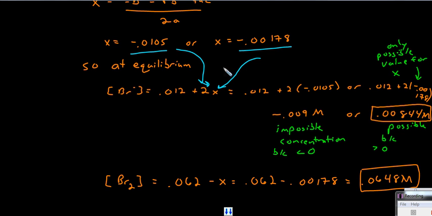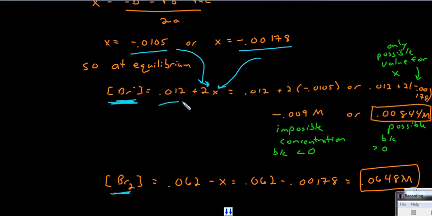One of the concentrations of your reactants or products will become negative if you have two possible values for x. One of those x values will give a negative concentration, and one will give a positive concentration. And whichever one gives you a positive concentration, that must be the value of x. Whatever gives you a negative concentration, that cannot be the value for x.